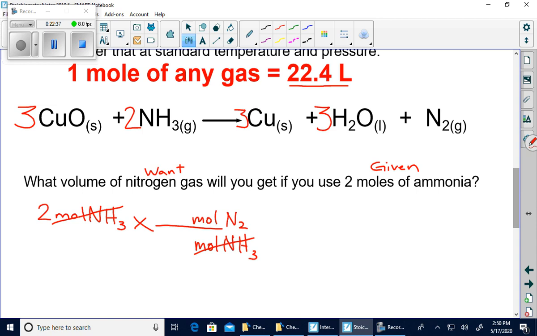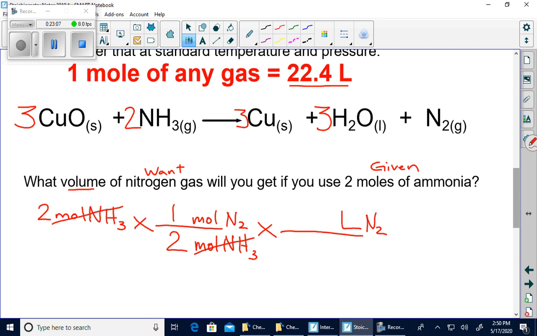And then from the balanced equation, there's nothing in front of the nitrogen, so that means it's 1. And in front of ammonia, there is a 2. So I put that there. Now, if I stopped right here, I'd have how many moles of nitrogen I get, but I want volume.